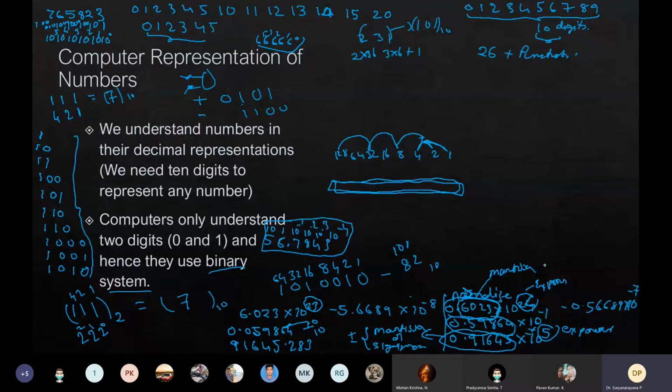Okay, so when you are storing real numbers in a computer, see, if you are storing an integer, it is straightforward. You just store these numbers. If you want to store 7, you just store this. Let's say you're allocating 8 digits for storing an integer.